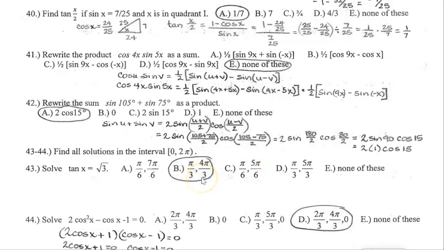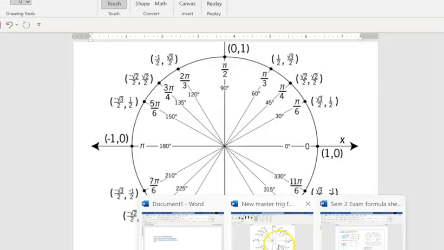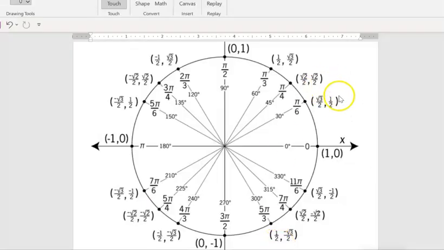All right, then for 43, they asked me to find all the solutions between 0 and 2 pi for where tangent is equal to the square root of 3. So I'm going to look on my circle, and because I love you so much, I added your tangent values on your circle. So they're not on mine, but right over here you've got square root of 3 over 3, 1, square root of 3.